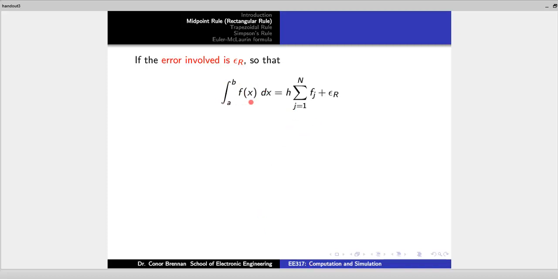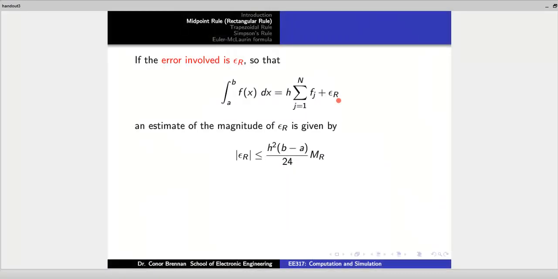Let's say that the integral that we want is equal to this midpoint sum plus some error. We call it epsilon r, for the rectangular rule. And we can estimate epsilon r as follows. We know epsilon r, the error inherent in doing this, will be bounded.